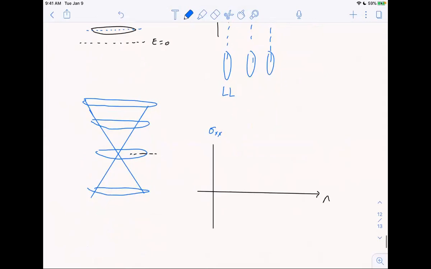So you will be somewhere here. Then you are in the gap, and it becomes zero. Then when you're in another Landau level, it shows up again, and then it shows up again. Of course, you also see the hole side.